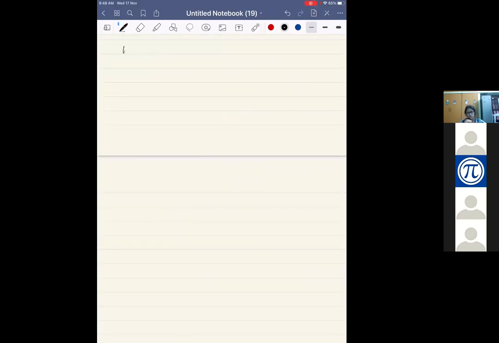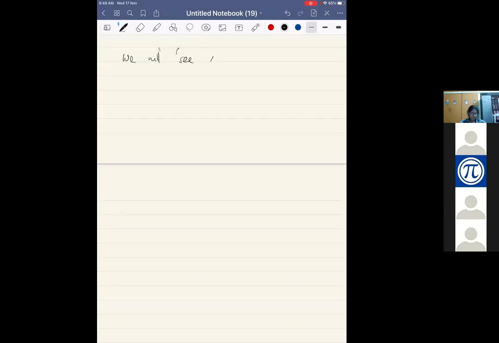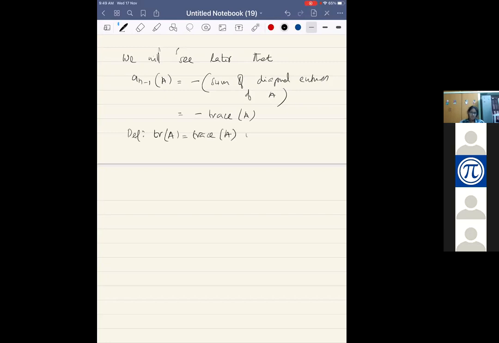We will see later that a_{n-1} of A is minus 1 times the sum of diagonal entries of A. And there is a word for this: trace of A. So, definition: the trace of A is the sum of diagonal entries of an n by n matrix.